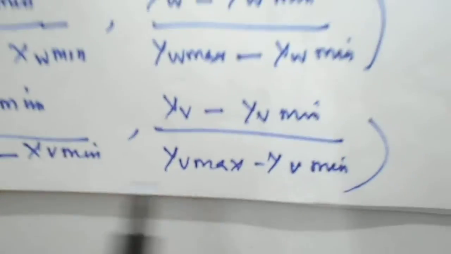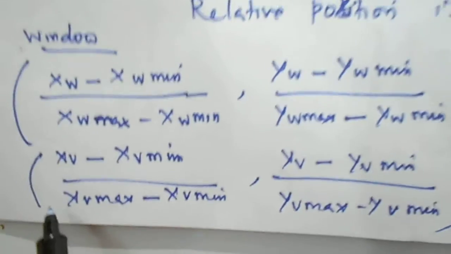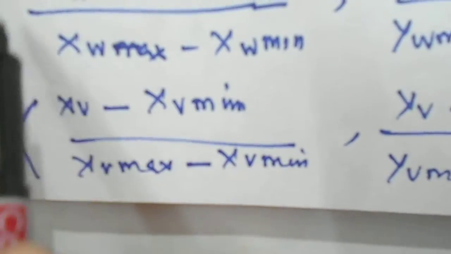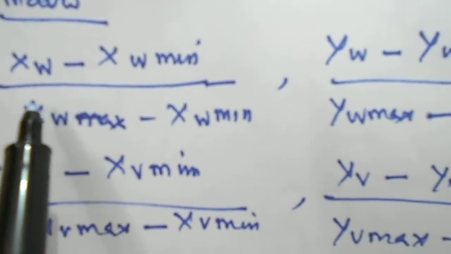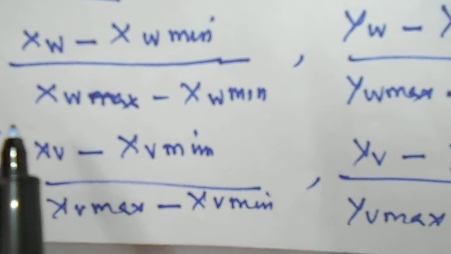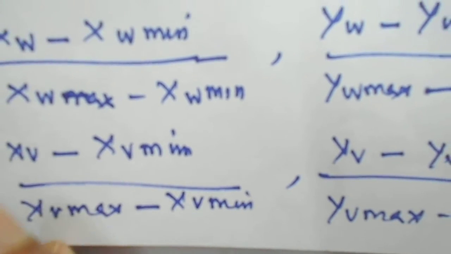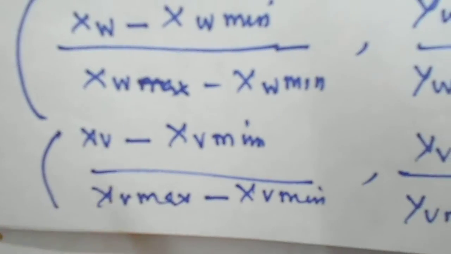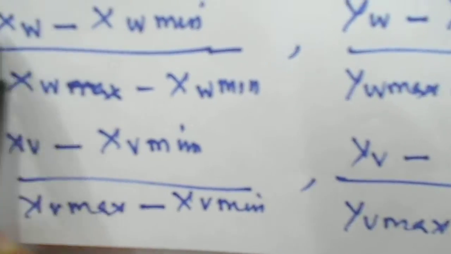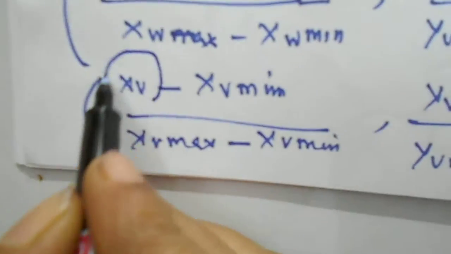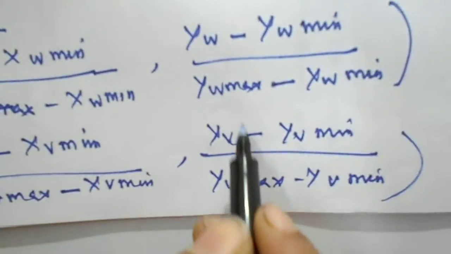So now we know all the values based on both boundary values of window and viewport, and also which pixel we have chosen from the window, that is xw and yw. Now the only unknown values are xv and yv.